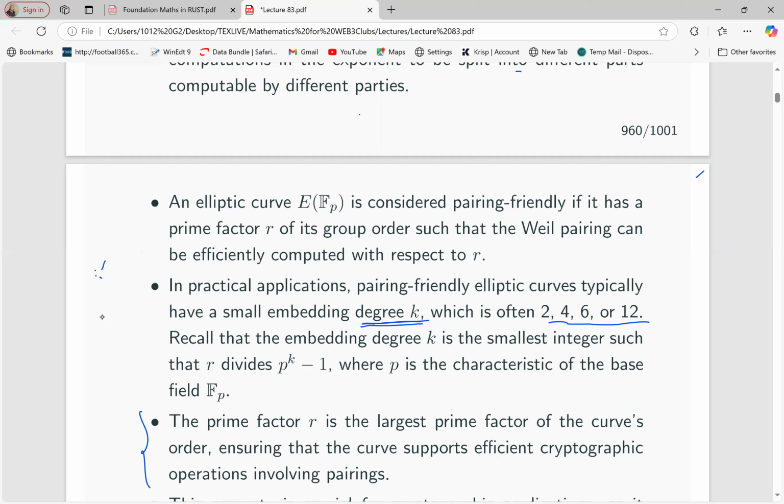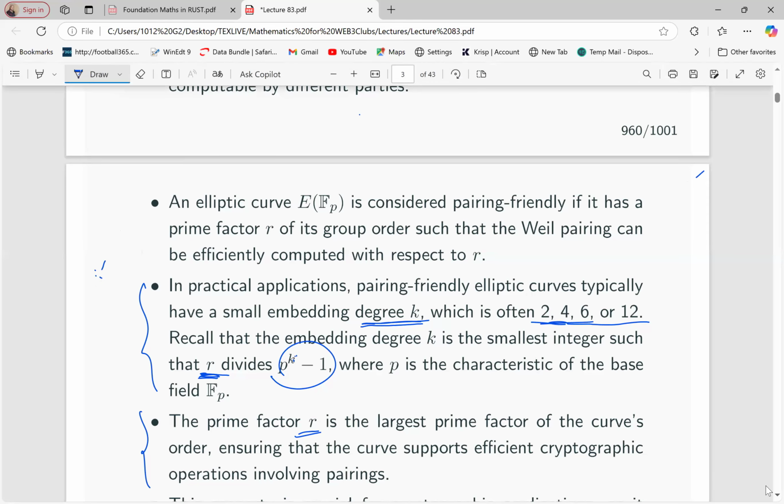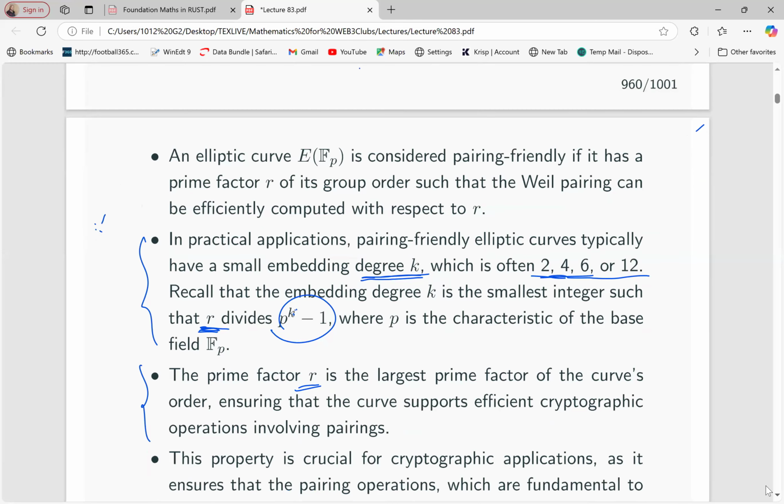So this is just a reminder of embedding degree and how it's computed. The embedding degree must be the smallest positive integer that allows this to be divisible by R. And our R, we said, shall always be the largest of them all if we had several.